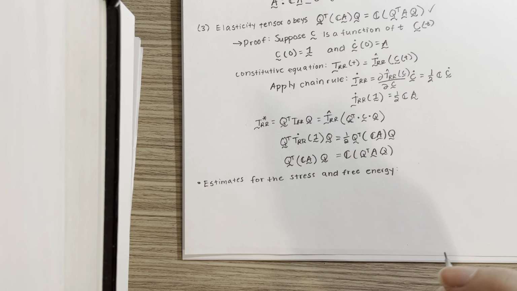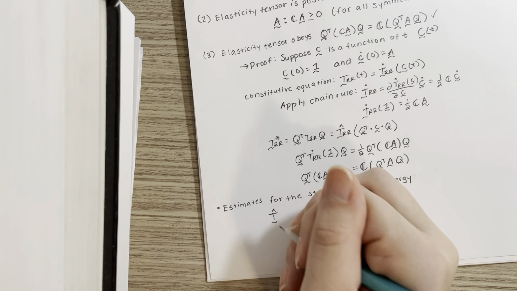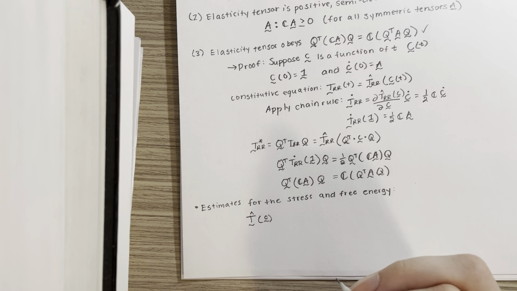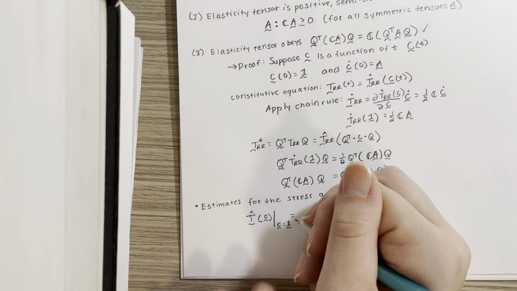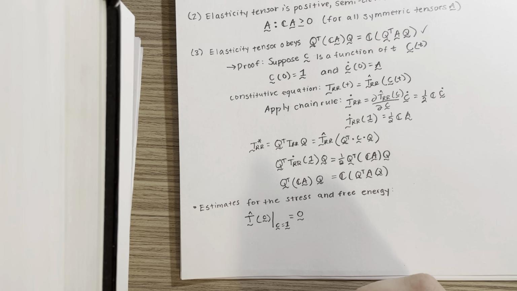Towards the beginning of the lecture, we defined our natural configuration, which means that we have T hat of C evaluated at C equal to the identity tensor is equal to the zero tensor.